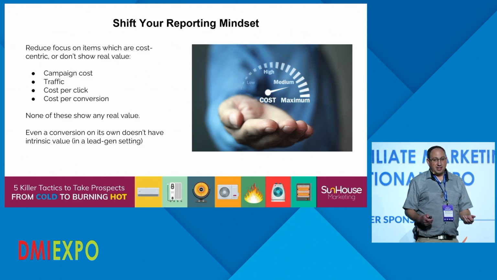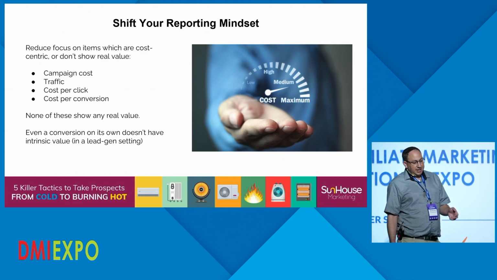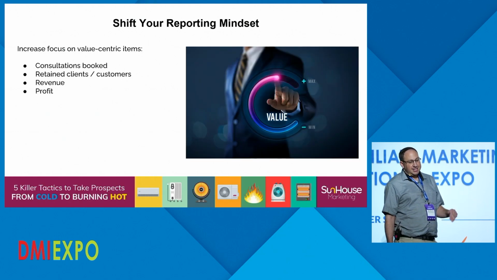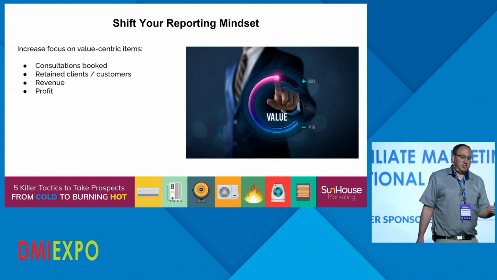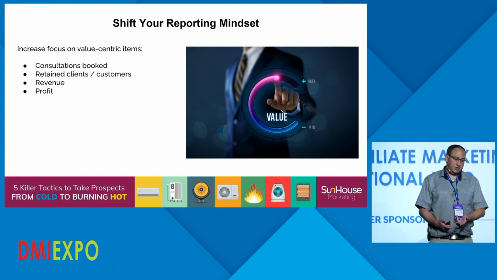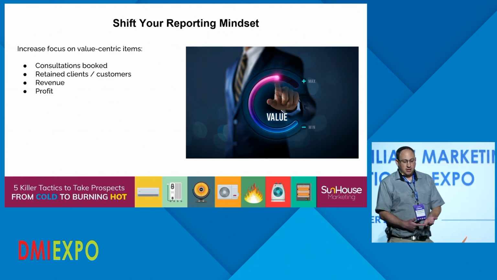It's not that important at the end of the day. Even in a lead generation setting, even a lead or a phone call doesn't have any value because no money has been transacted at all. You should still report on these things, but move your focus away from them and instead focus on value-centric items like these: consultations booked, retained clients and customers, revenue, profit, things along those lines.